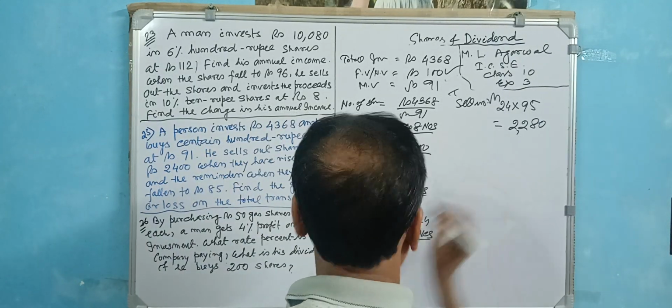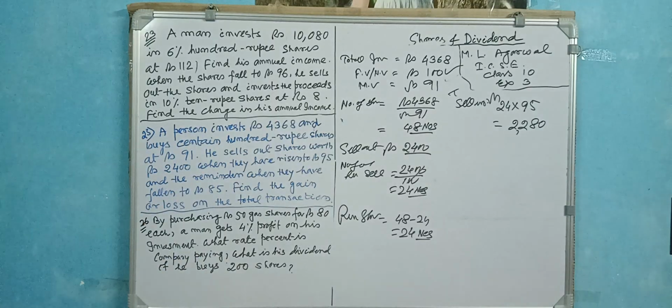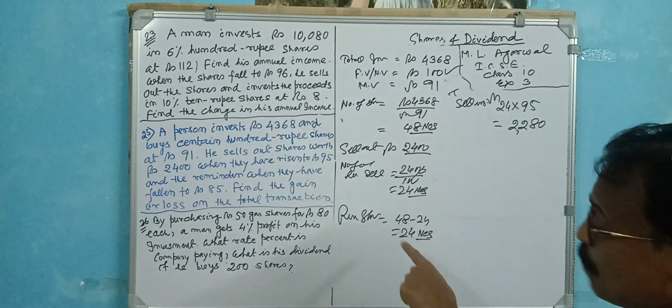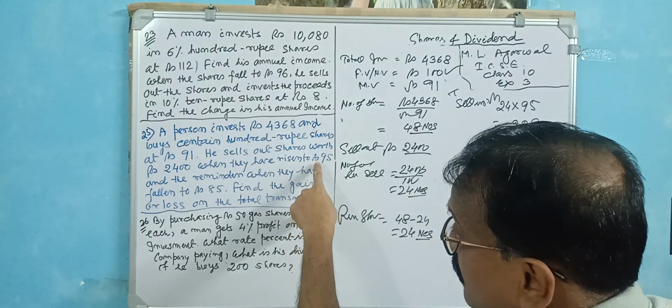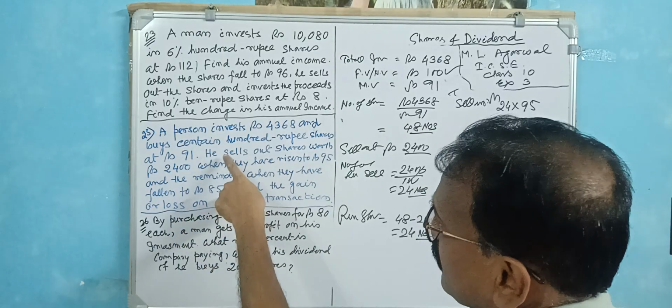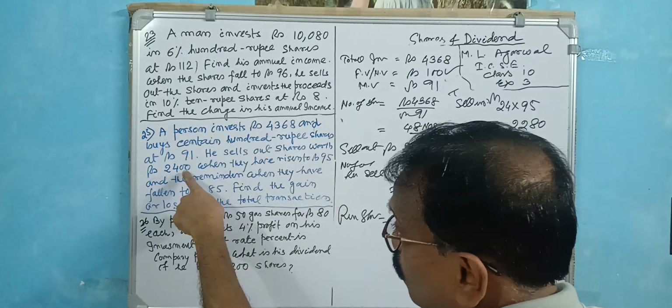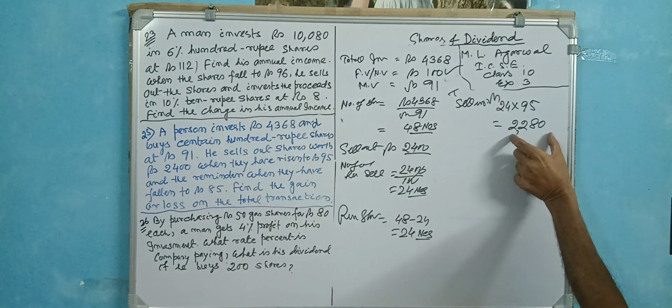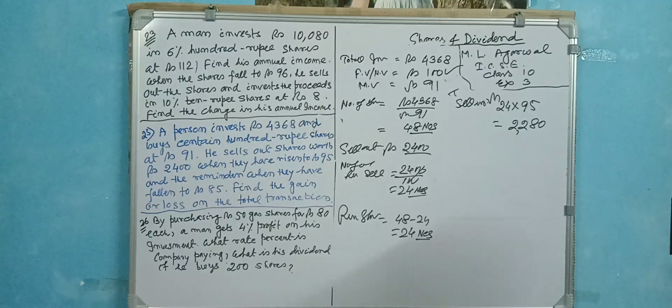The number of shares sold is 24, and they have risen to this. He sells these shares and collects this amount.